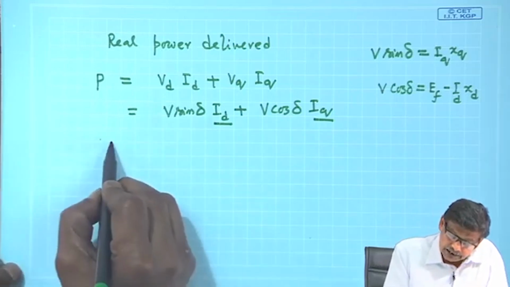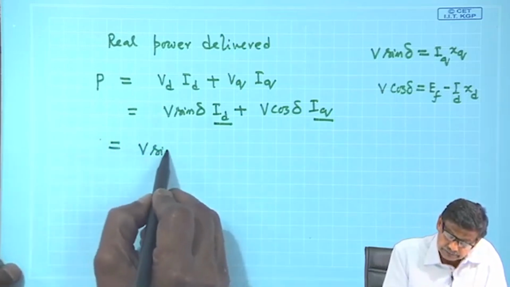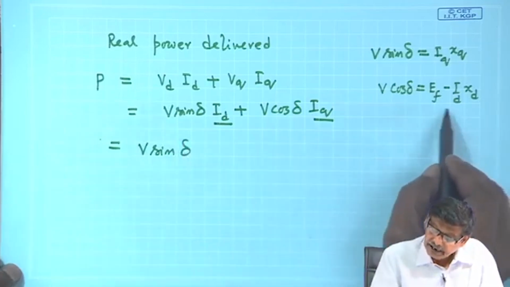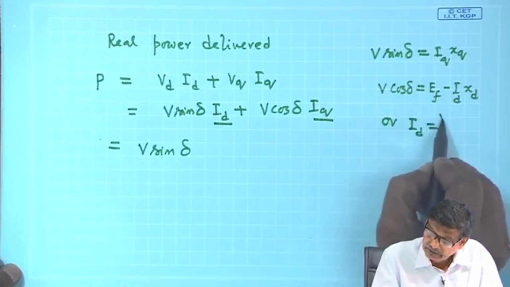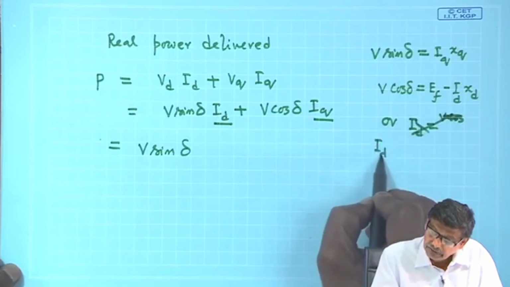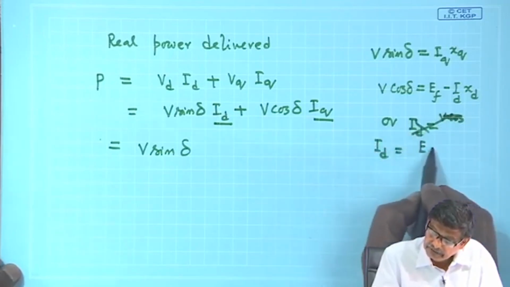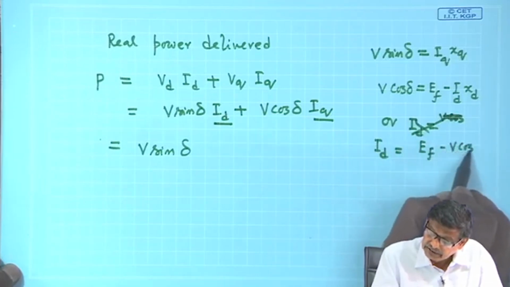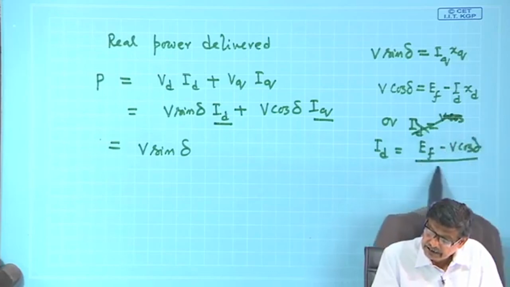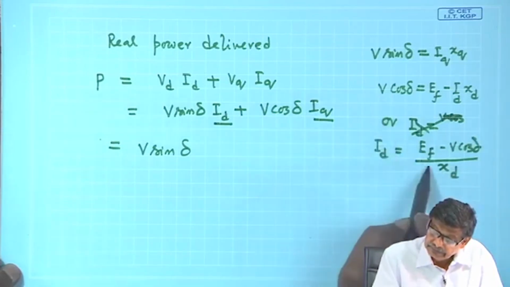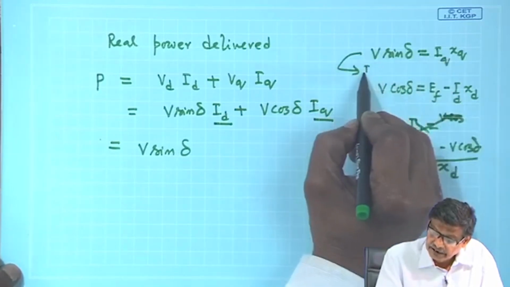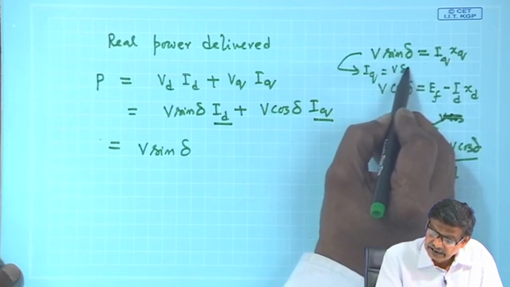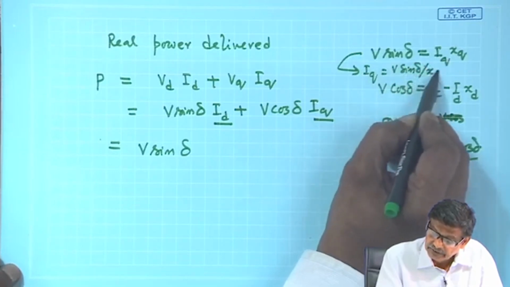So, let us do that. So, V sin delta ID, I will write from this, I will write ID is equal to (EF minus V cos delta) divided by XD, and IQ from this I will write IQ is equal to V sin delta by XQ.